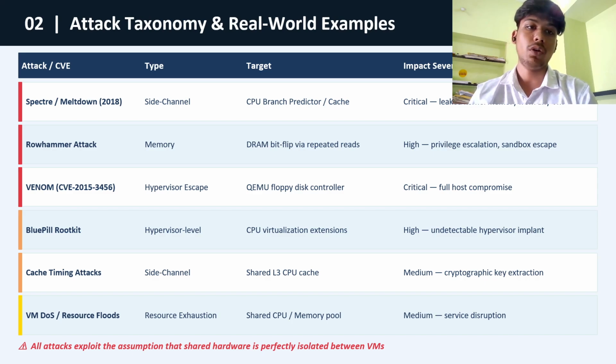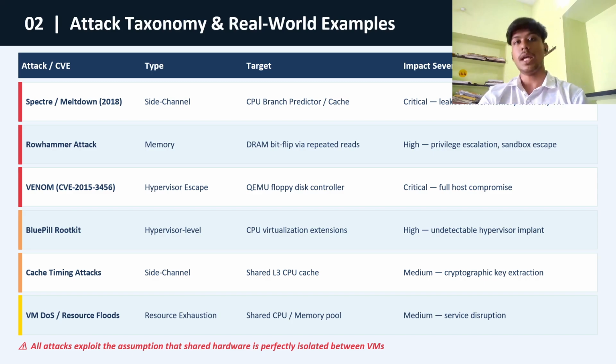Some cloud providers had to completely disable hyperthreading to mitigate this. The lesson from all of this is that all these attacks exploit the assumption that shared hardware is perfectly isolated. When hardware and software make promises about isolation that they can't fully keep, attackers always find the gap.